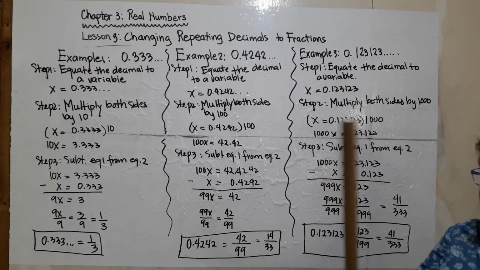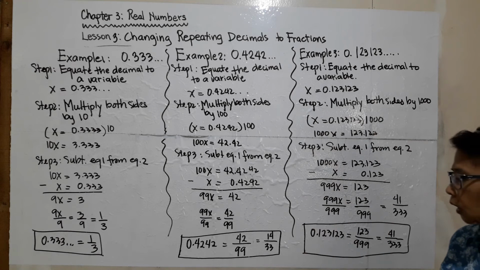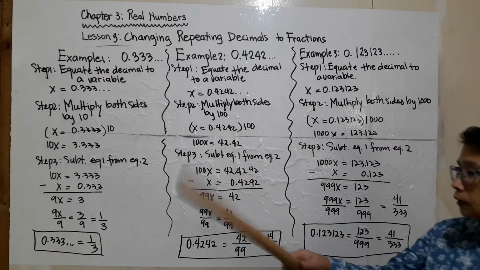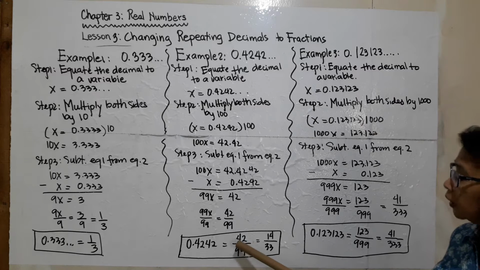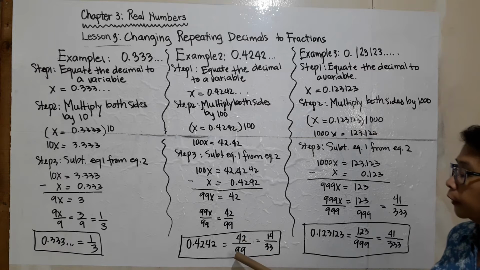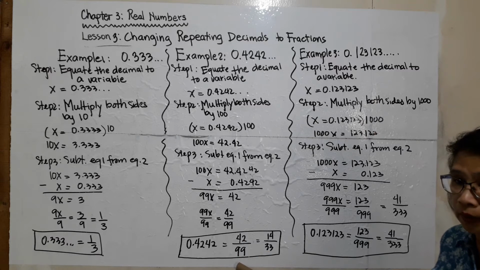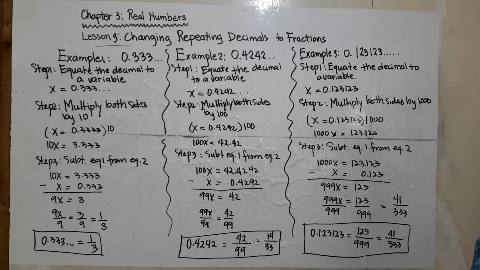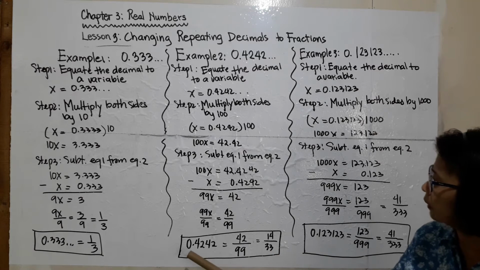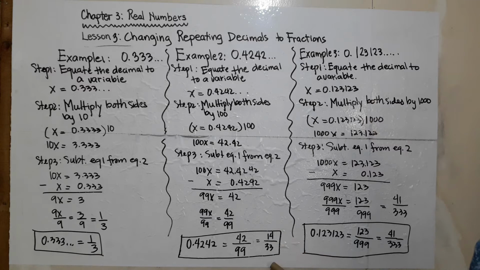This means if two digits keep on repeating, to change that to a fraction, write the two digits in the numerator and 99 in the denominator. If the fraction is not yet in the lowest term, you have to reduce it to lowest term by using GCF. And the lowest term is 14 over 33. This is the fraction of the repeating decimal in simplified form.